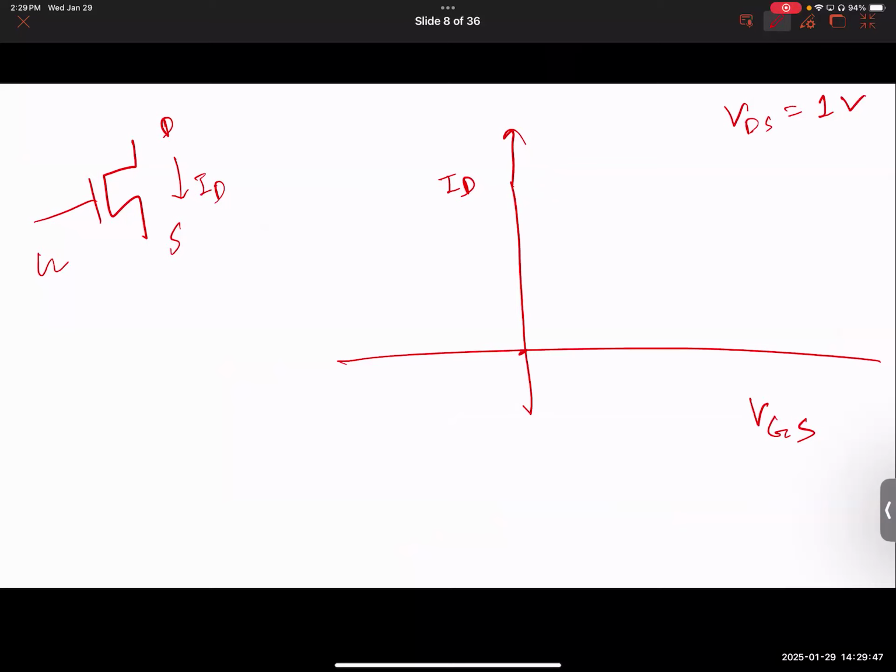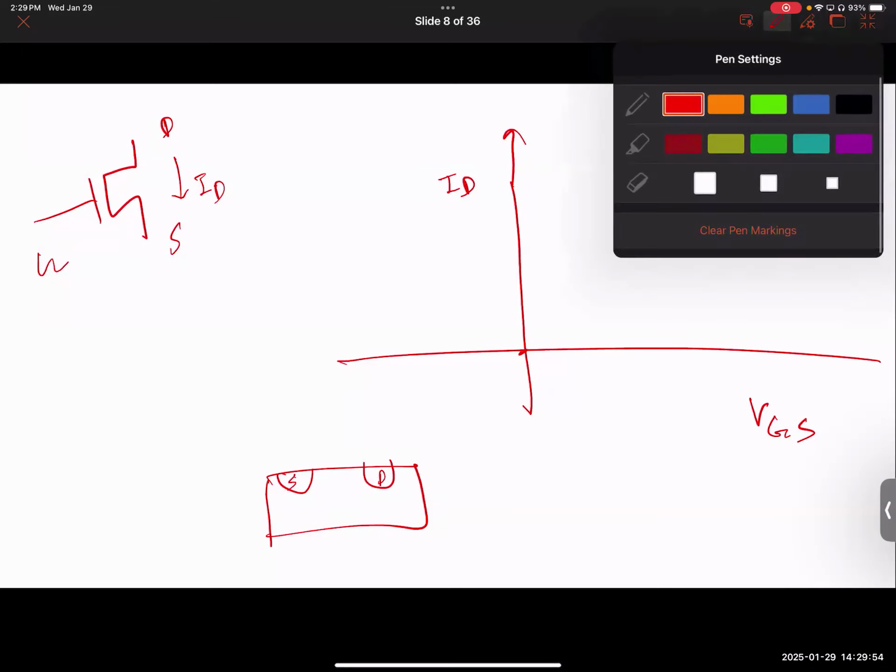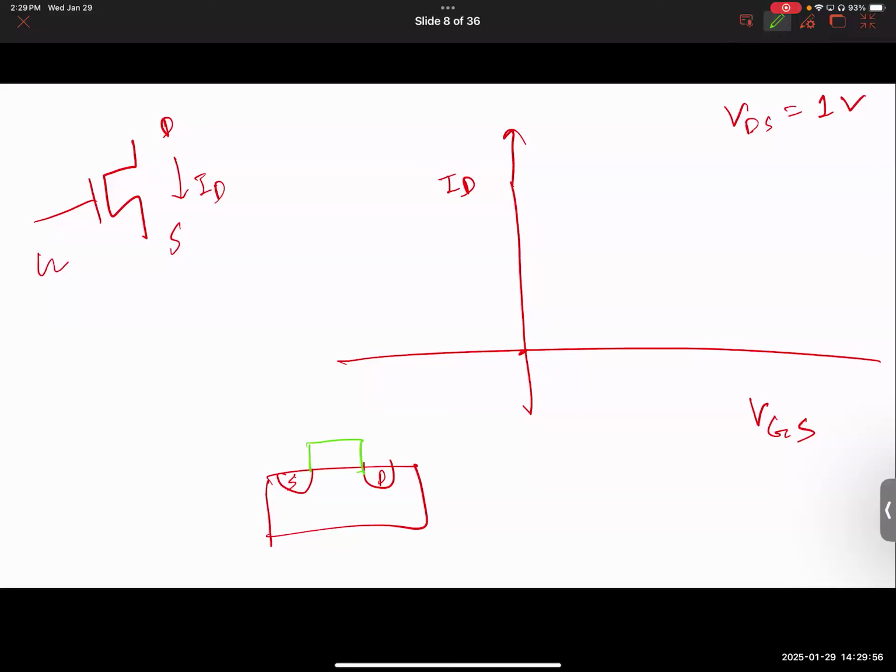Let me just draw it here. Drain, source. This is your gate, right? You have not applied any gate voltage, zero gate voltage, but you applied some sort of drain to source voltage, like 1 volt, maybe, plus, minus. Do you think there will be a current? Why not?